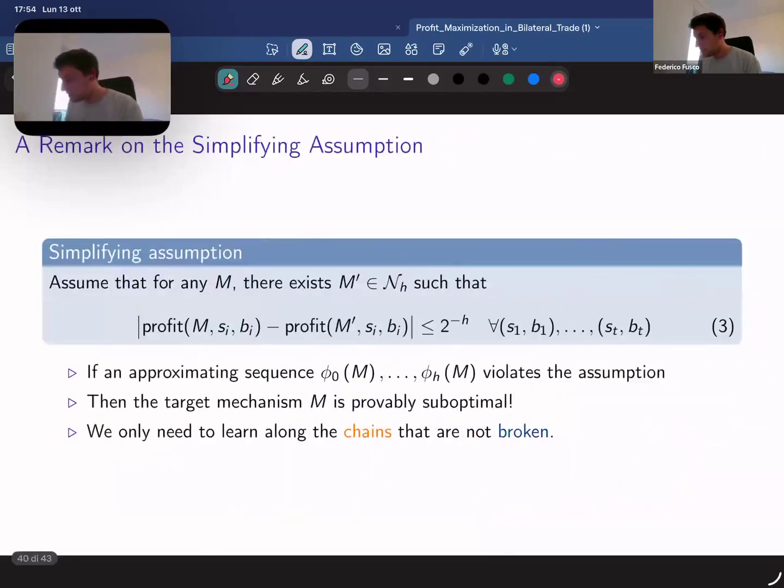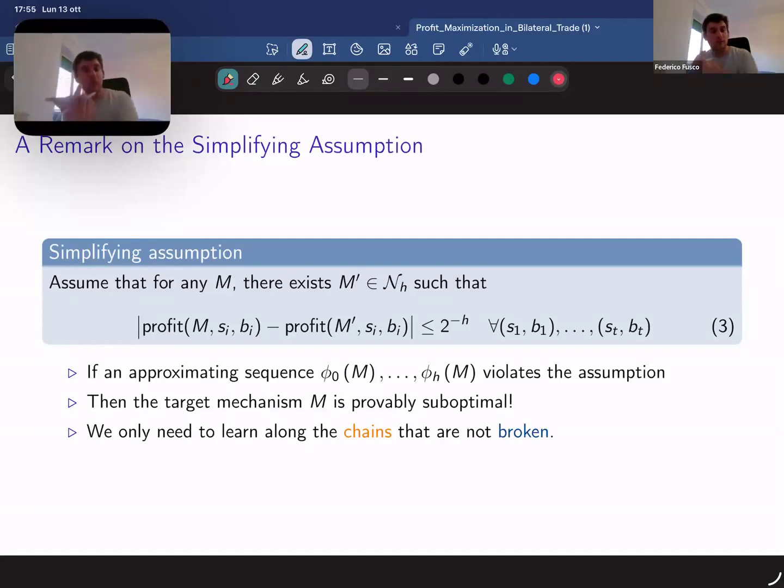Okay. Now let me just say something super quick about this simplifying assumption. In general, it is not true that we have this two-sided error. If you remember, we proved only a one-sided error, meaning that if I have a mechanism and an epsilon approximation that is close to it from the outside, then I know how to bound one-sided error, meaning that the profit of the outer mechanism plus epsilon will be an upper bound on the profit of the inner mechanism.